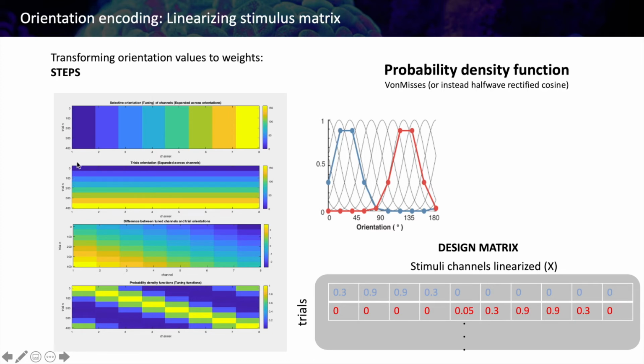And we have expanded in the columns to have as many columns as predefined channels that we have created. The reason is that we are going to convolve these two matrices together. Well, in this case it's not really a convolution, it's just a subtraction. You want to see how much the information in each trial is different from each channel. So if you subtract this from this, you get this matrix here.